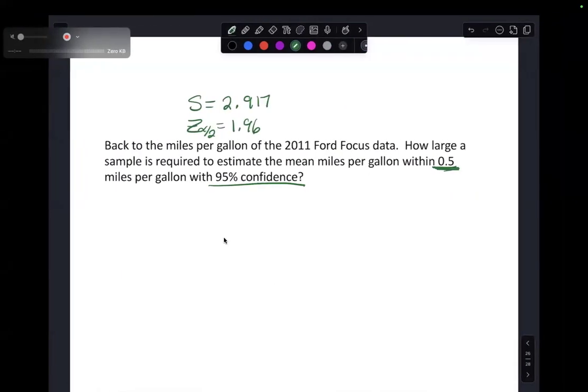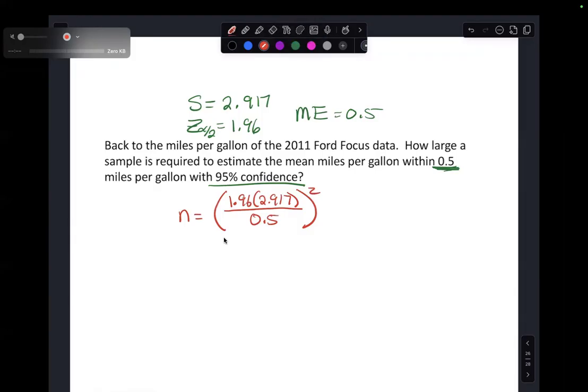And our margin of error is 0.5. All right, let's rock and roll. So N equals the Z score times the standard deviation divided by margin of error, squared.